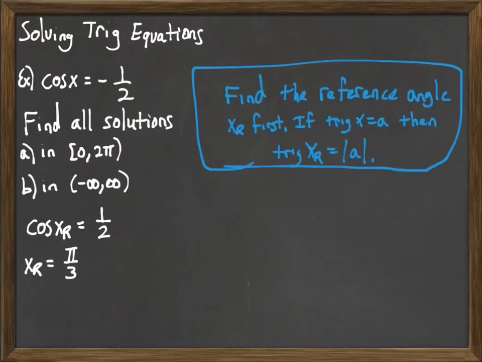Now what we need to do is also remember when cosine is negative. You might remember that little graphic, All Students Take Calculus. So all of them are positive in the first, just the sine in the second, tangent in the third, and cosine in the fourth.